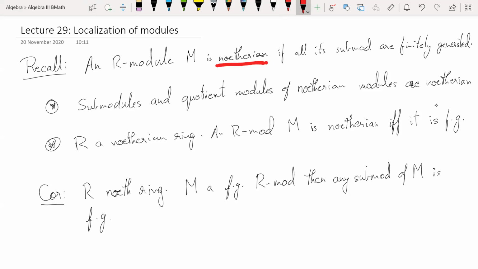And a partial converse, a converse of this, is also true. So you can phrase it this way.